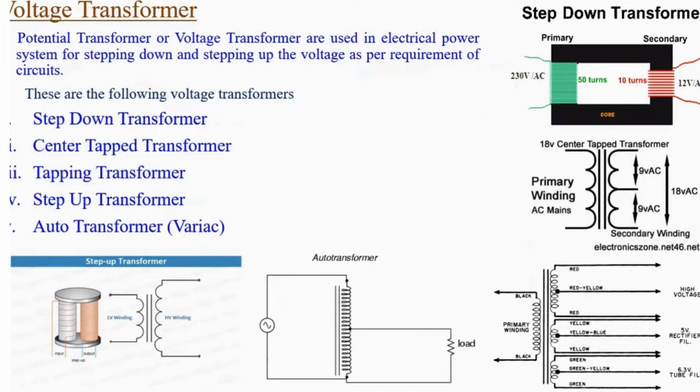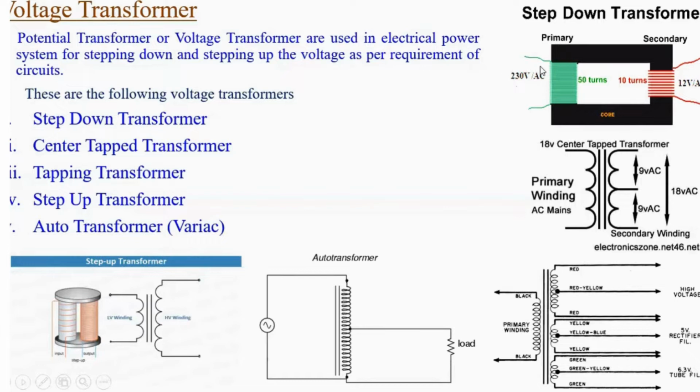In voltage transformer also, we have step down transformer, center tap transformer, tapping transformer, step up transformer, auto transformers. On the right hand side, this is your step down transformer. There are two windings. One is called primary and one is called secondary.